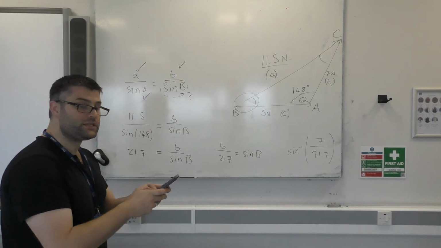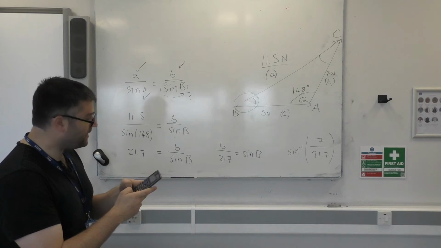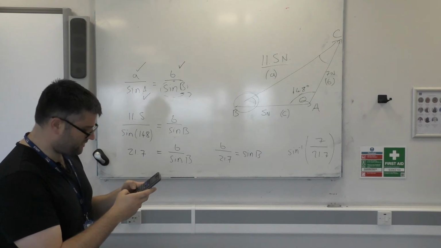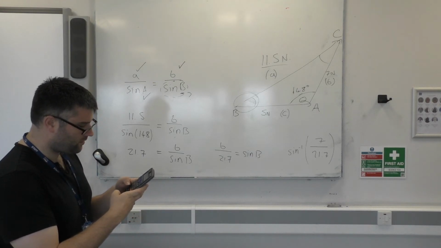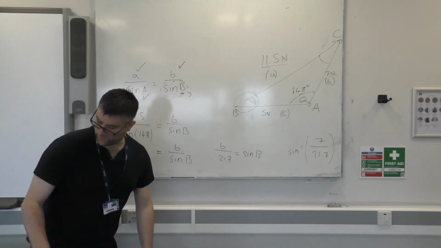So I'm going to plug that into my calculator now. Shift sine 7 divided by 21.7, and that gives me an angle of 2.64 degrees.